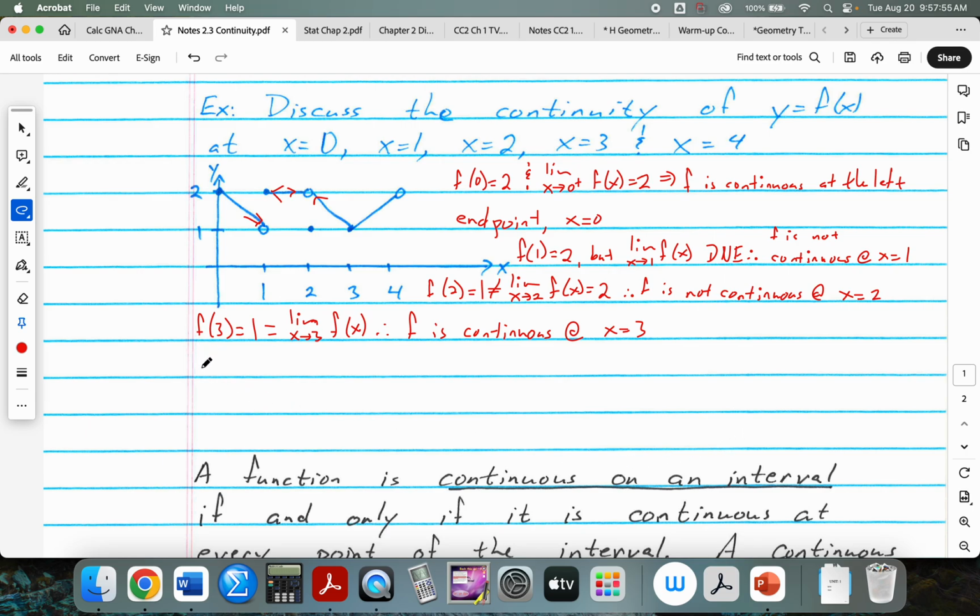And then at 4, f of 4 does not exist. Game over, man. Therefore, f is not continuous at the right endpoint x equals 4.